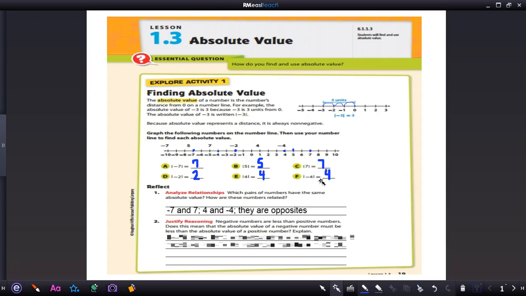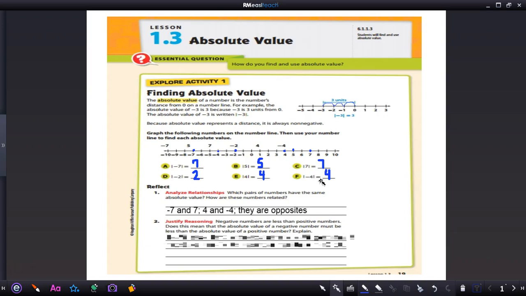And how are these numbers related? We know that these numbers are opposites. Numbers, positive and negative, that both have the same absolute value are opposite numbers. And I want you to write this down in the reflect section there under number 1.